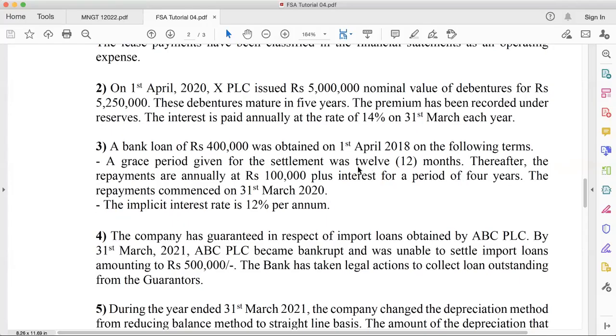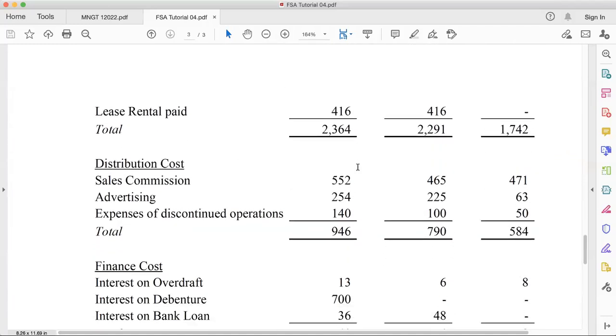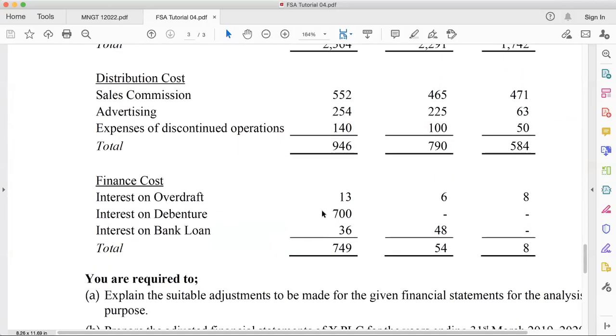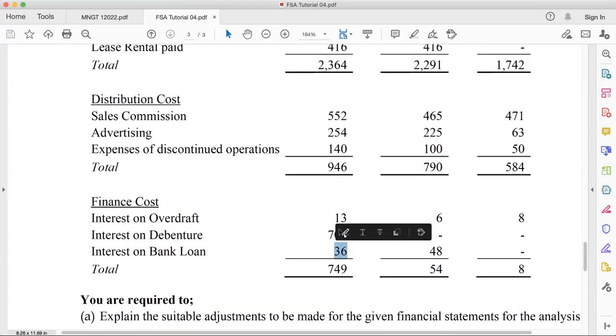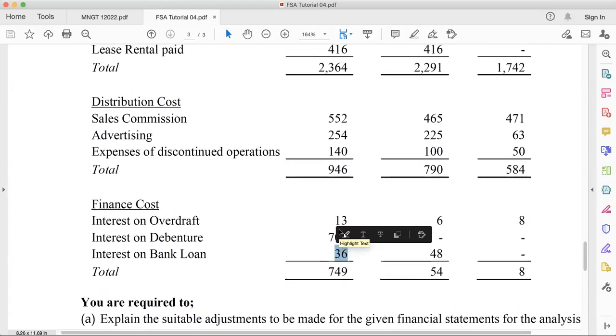Now you see how much you have already charged. Interest on bank loan: nothing charged in 2019, 48 charged to 2020, and 36 charged to 2021.